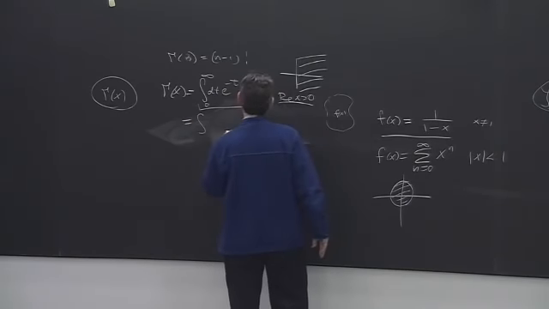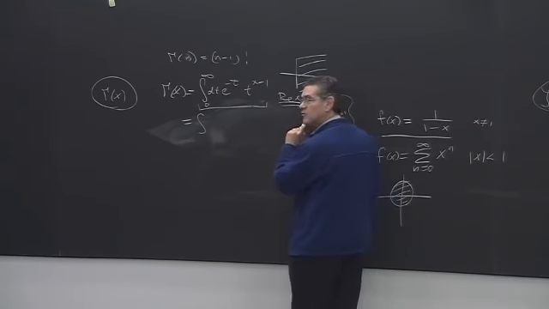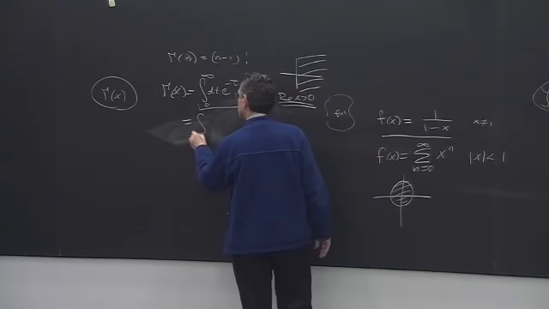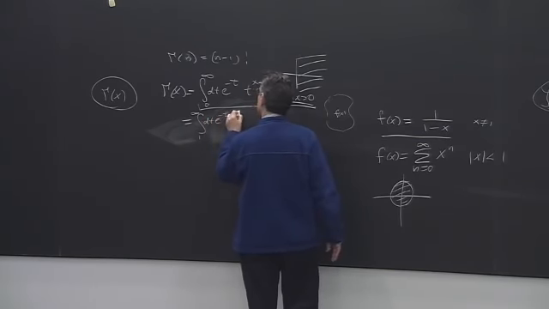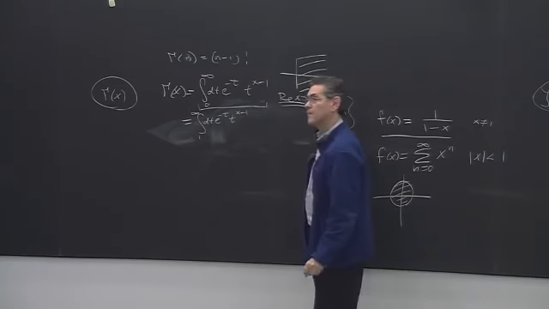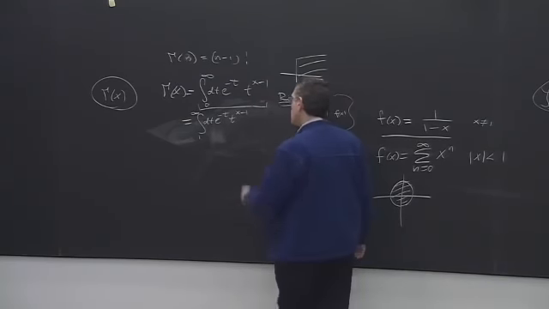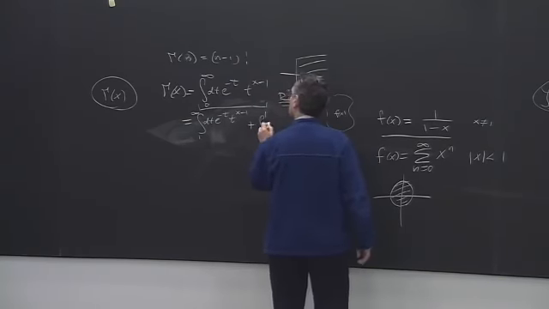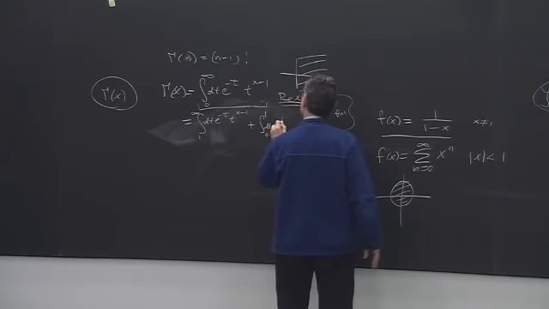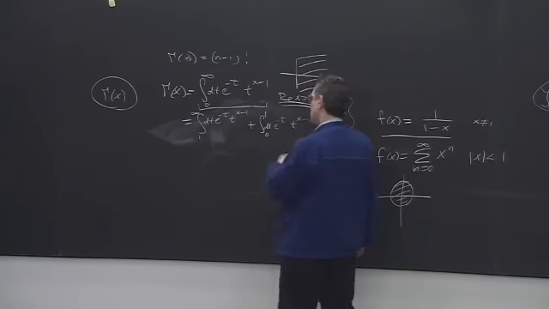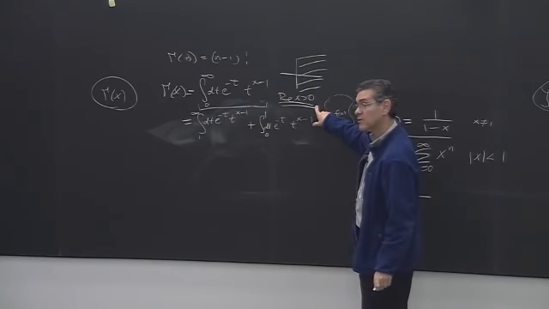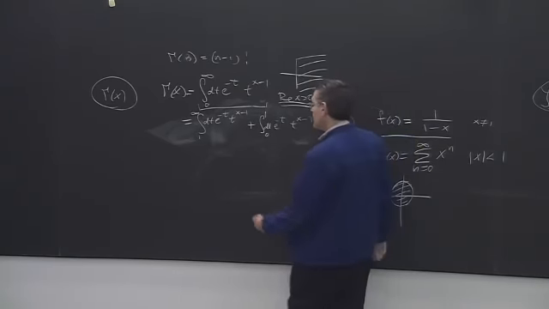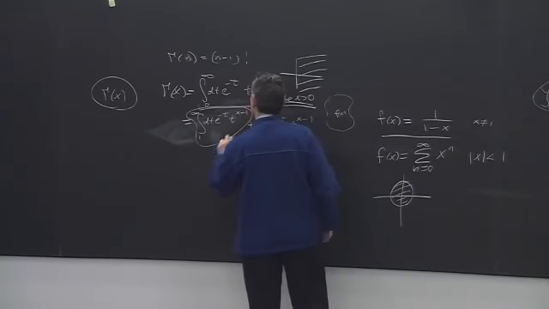Well, if I assume that the real part of x is greater than 0, I can say this is the integral from 1 to infinity, dt e to the minus t, t to the x minus 1, plus the integral from 0 to 1, dt e to the minus t, t to the x minus 1. Do you agree? So long as the real part of x is greater than 0. Now, what about this integral?